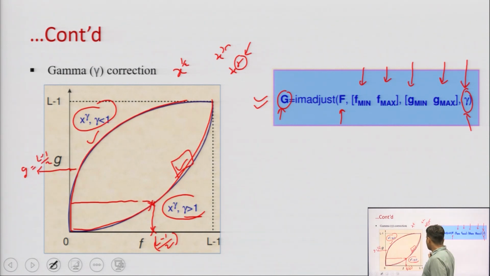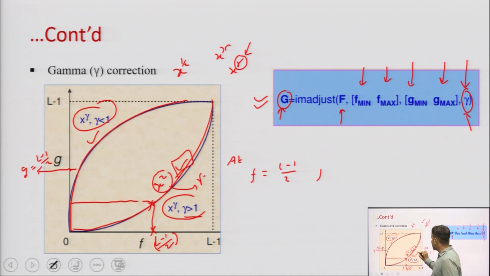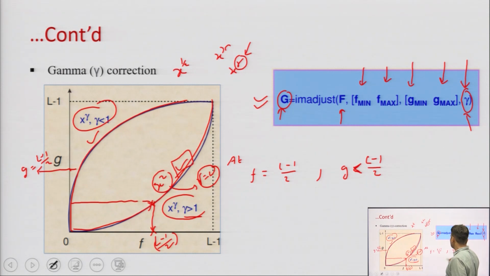So at f equal to L minus 1 by 2, using the function x square, that is, choosing gamma equal to 2, the image pixel at that value L minus 1 by 2 is lesser than this value.